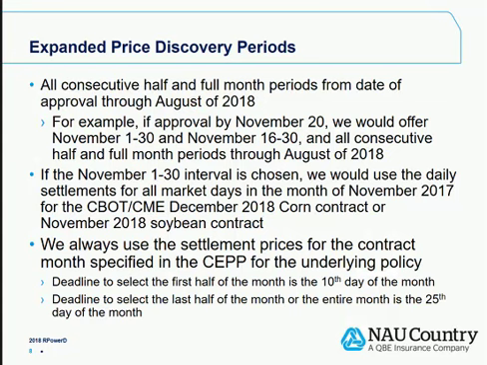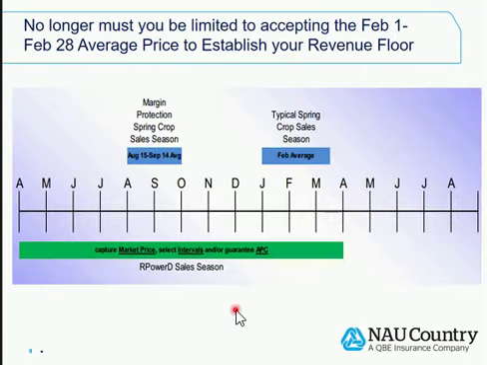Okay, so here's a chart that basically identifies all the months that are involved in the RPowerD product. Had we filed this by April of 2017, we would have been able to quote months from April of 17 all the way through August of 2018.